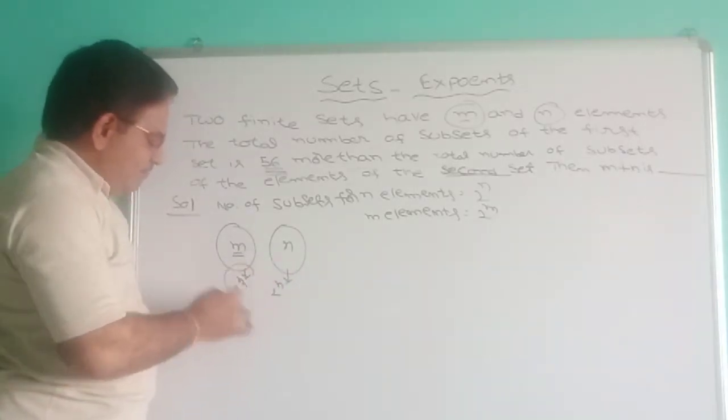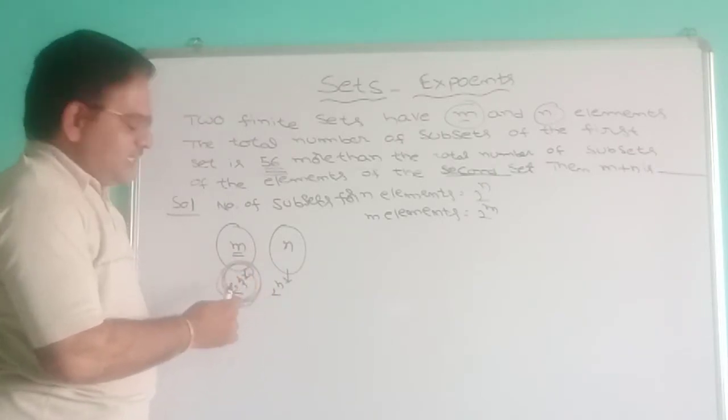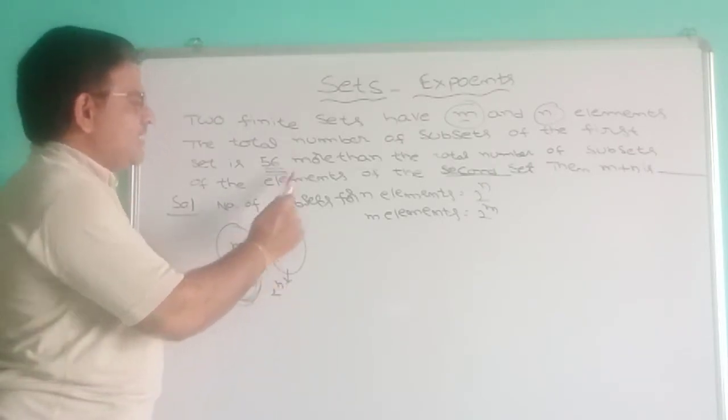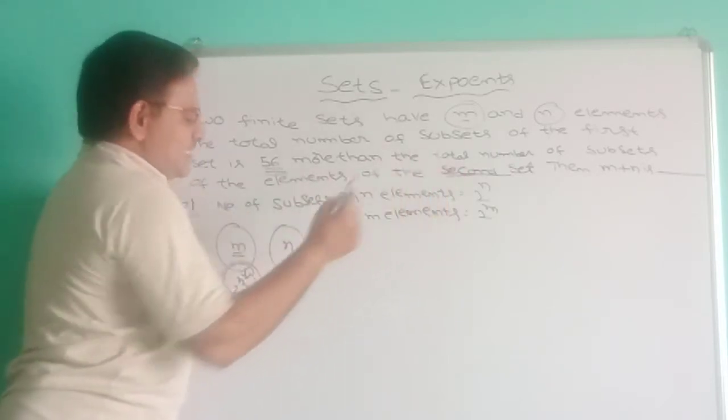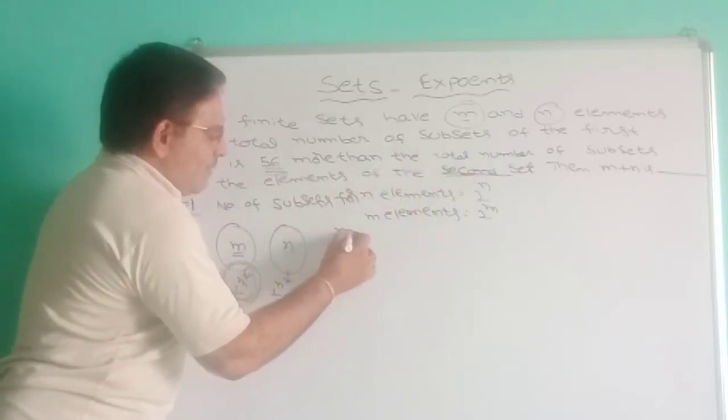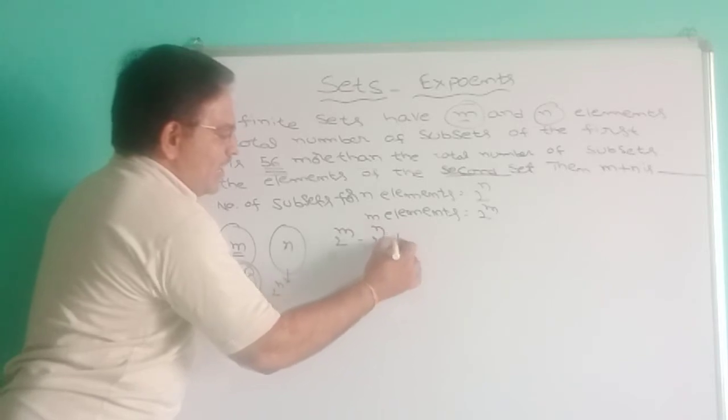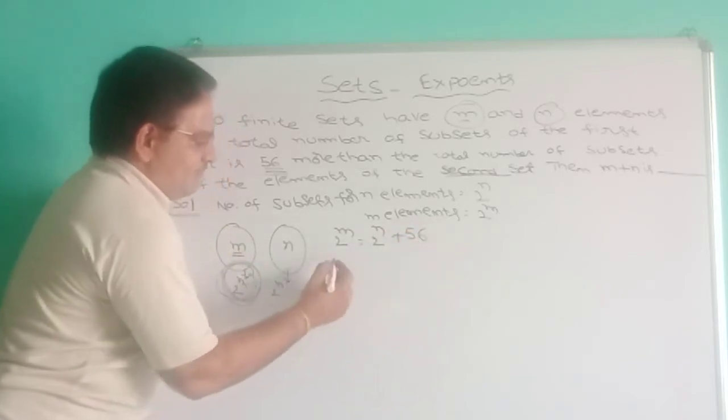That means the total number of subsets of the first set is 56 more than that of the second set. That means 2 power m equals 2 power n plus 56.